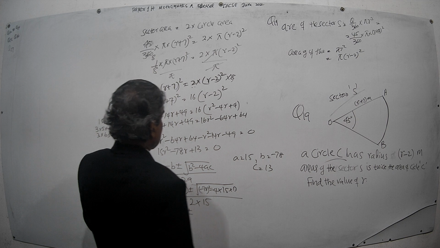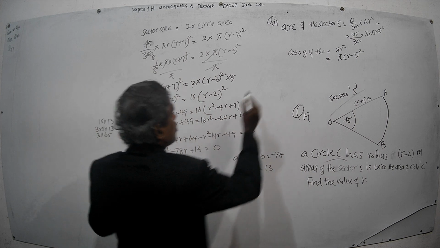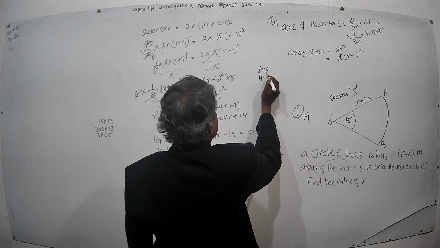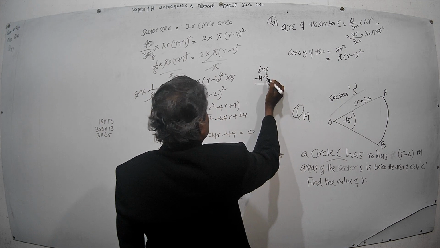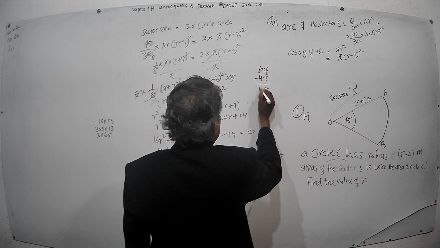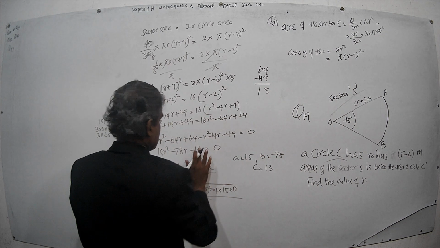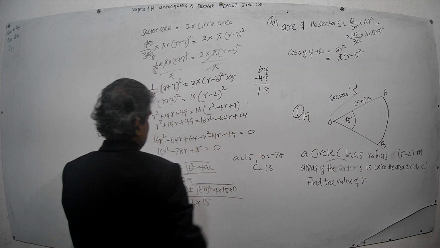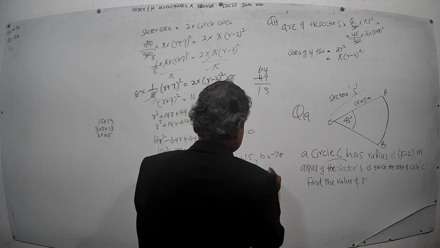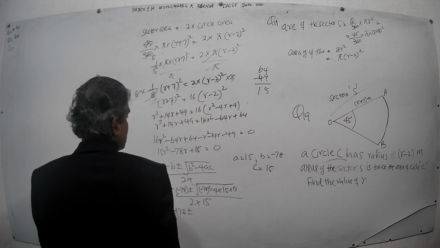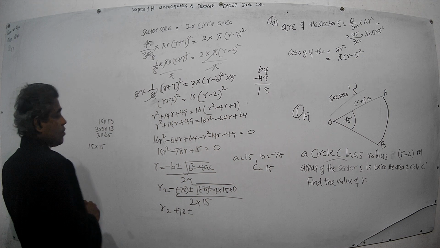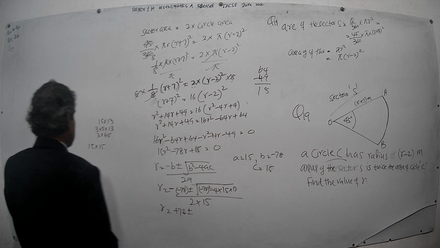This 64 and 49, and deduct here, 14 minus 9, 5. Then 15 here, sorry, 15. Then c is also 50. Now we can factorize: 15 into 50 is the product, and the sum of the factors is 78.